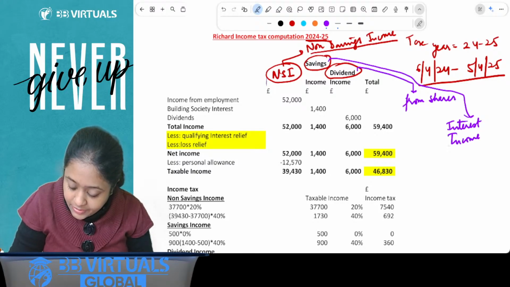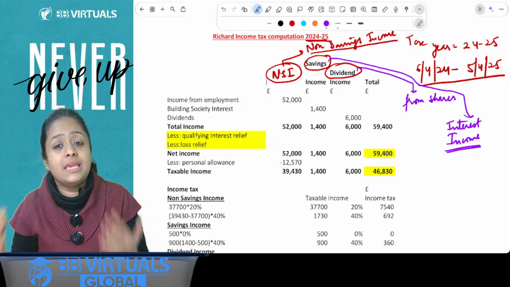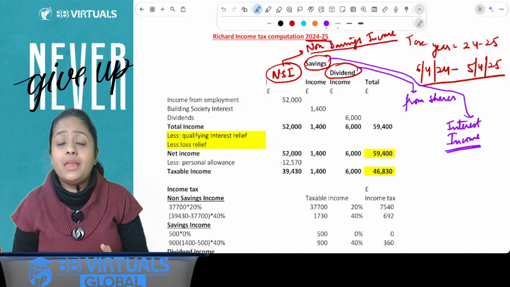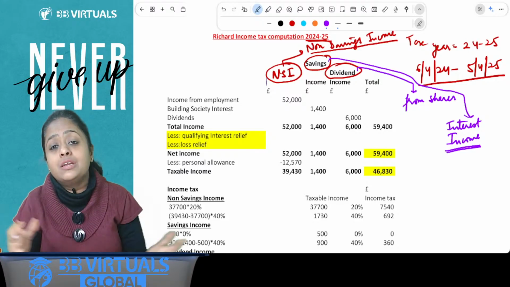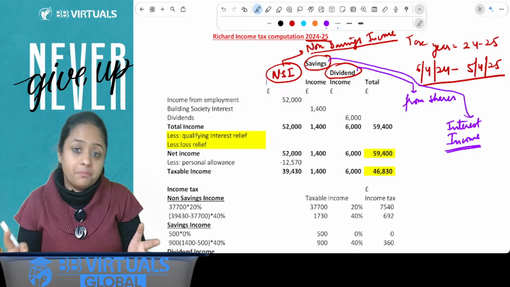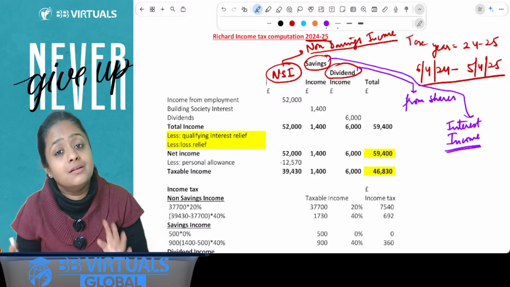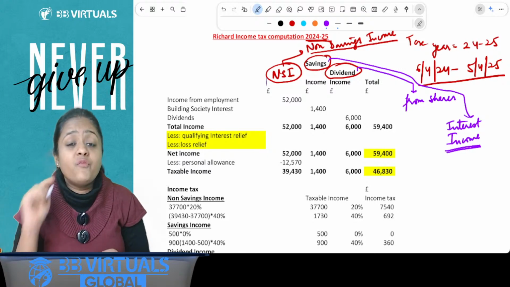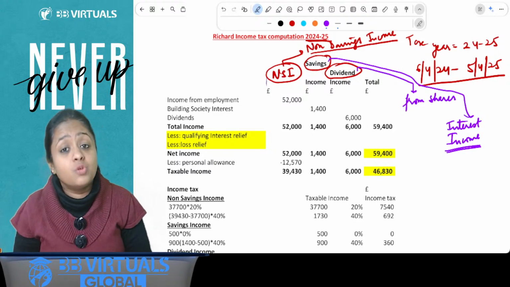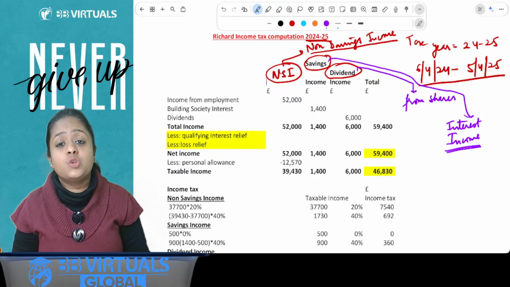All interest income, whether from deposits, from a savings account, or interest you earn on a loan that you have given to somebody, any kind of interest income will come here. One category of interest income also essentially included is interest from building society.